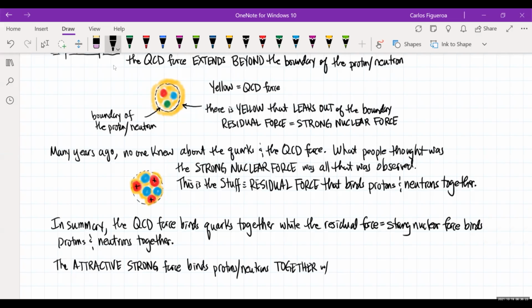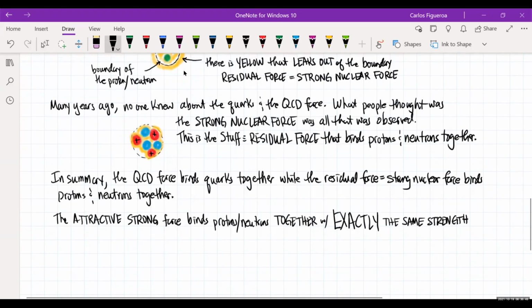And here's the key thing: with exactly the same strength. With exactly the same strength. So now, here's what we say.